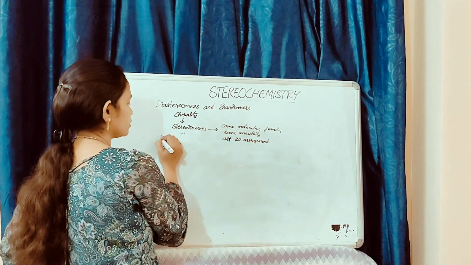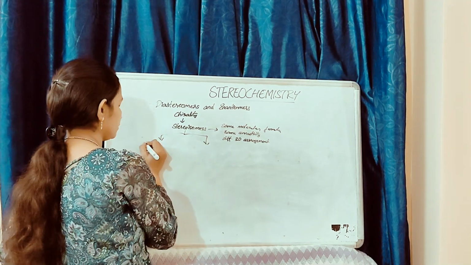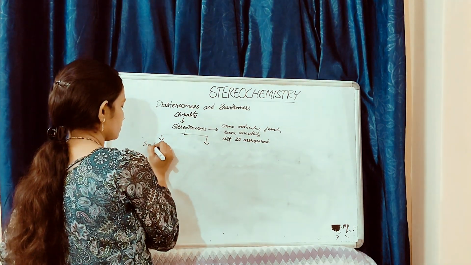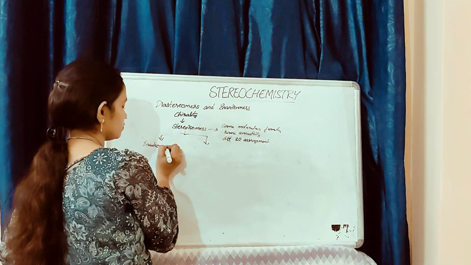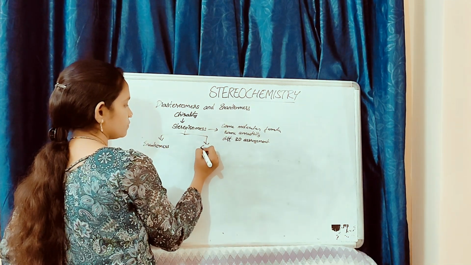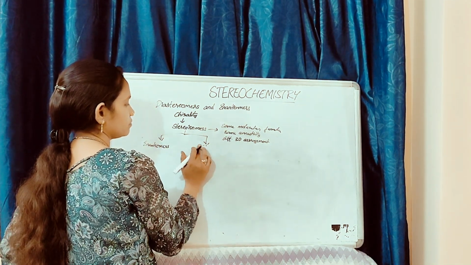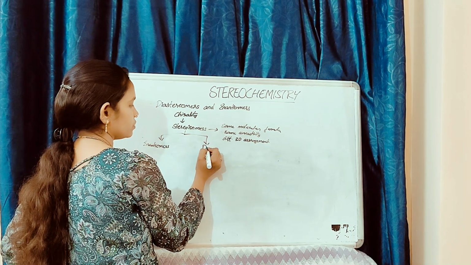Stereoisomers are again divided into enantiomers and diastereomers.